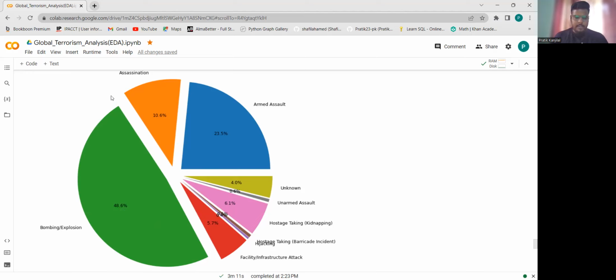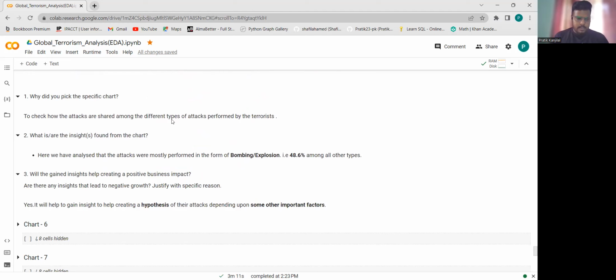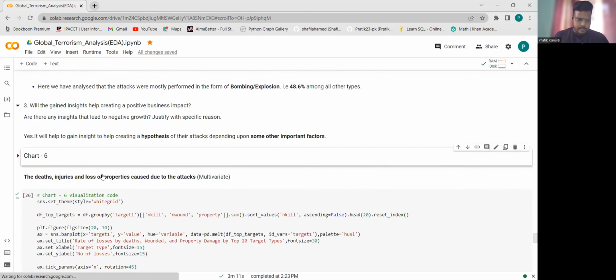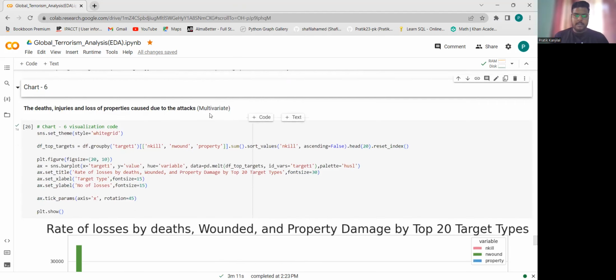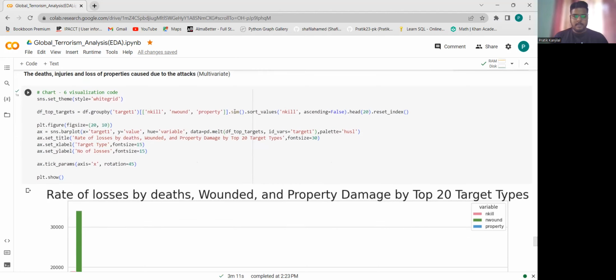But it's quite a significant share, followed by assassination and armed assault. Bombing is the type that has caused the most attacks.